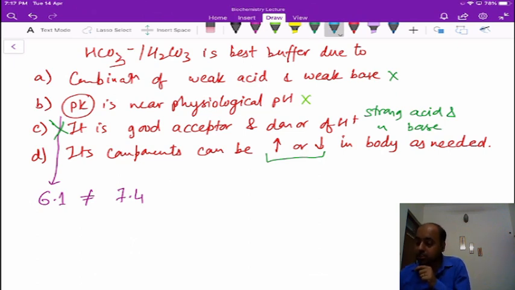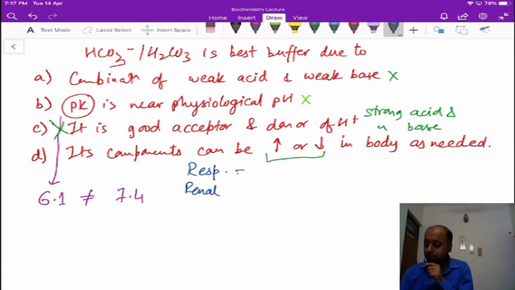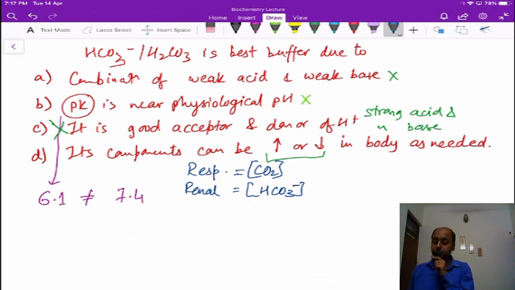The concentration of numerator and denominator both can be increased as per demand because of the respiratory and the renal system. Respiratory system will regulate the CO2 concentration. The renal system will regulate the concentration of bicarbonate. So the correct answer is D.